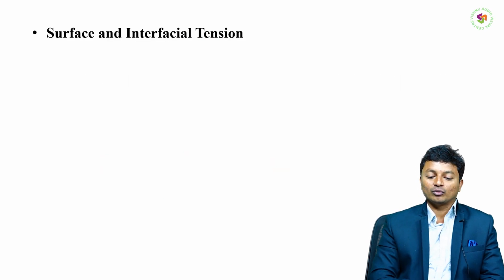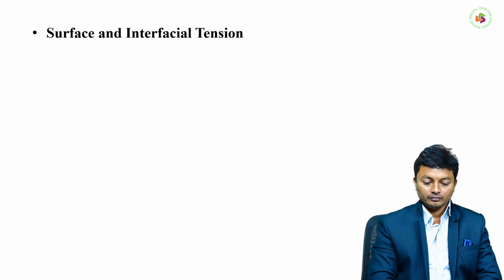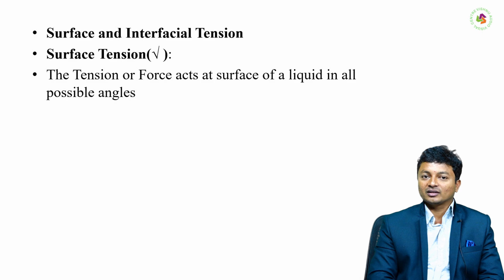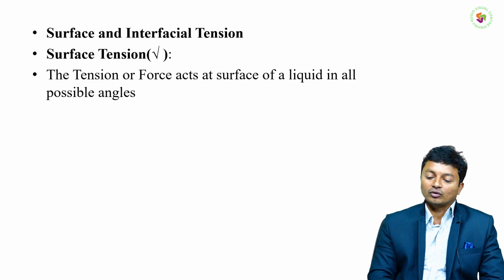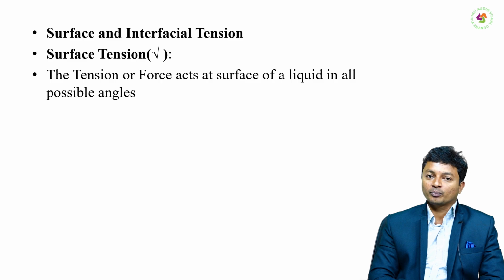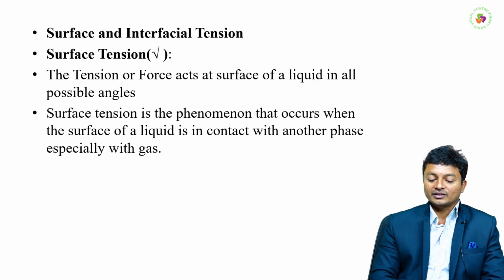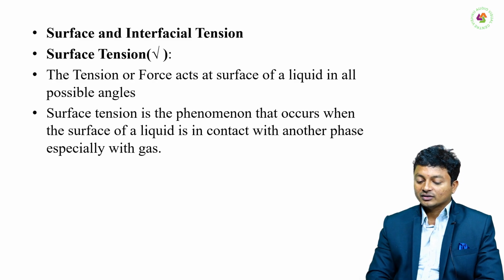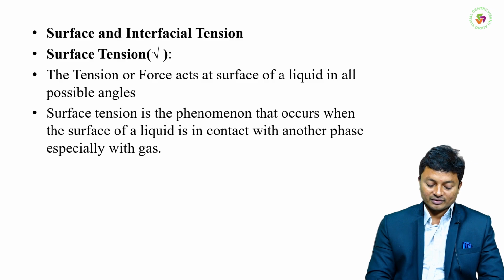Now we'll discuss surface and interfacial tension. Surface tension is the tension or force that acts on the surface of a liquid in all possible directions. In other terms, surface tension is the phenomenon that occurs when the surface of a liquid is in contact with another phase, especially gas.